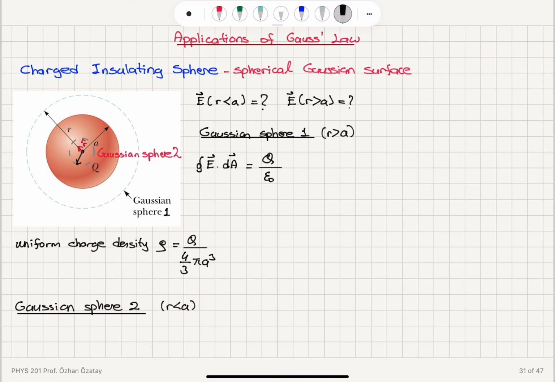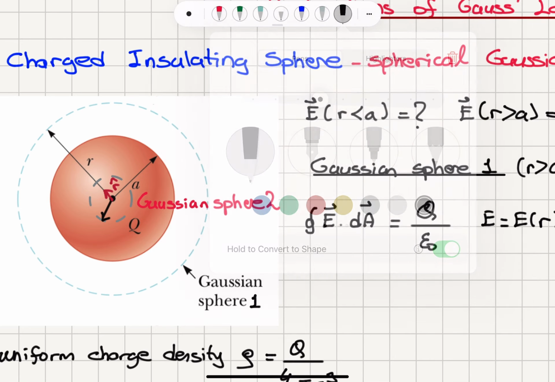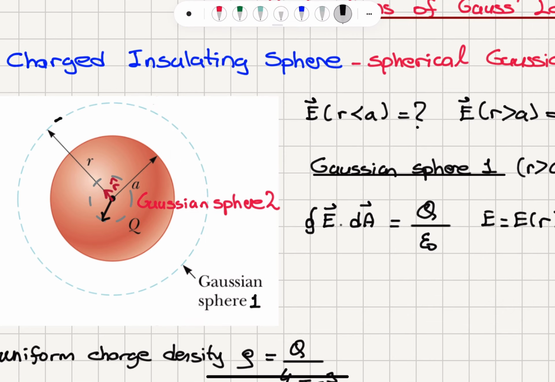Now at this point I note that the electric field due to a uniform charge distribution only varies radially in space. So the electric field is only a function of r, the radial distance from the center. Furthermore, if I consider an area vector dA for this element here, it is going to be pointing radially outward.